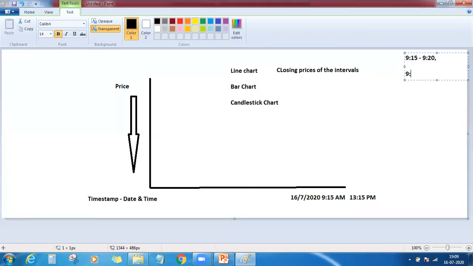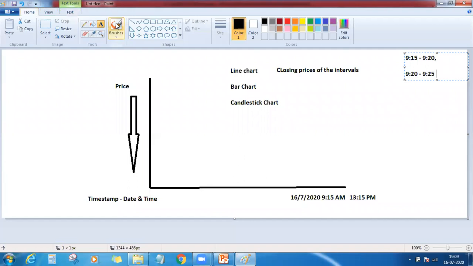Similarly, from 9:20 to 9:25 you will take the closing price at 9:25, and so on until 3:30 p.m. Those closing prices you will match with the time on the x-axis: closing price on the y-axis and time on the x-axis. Wherever a match happens, you will put a dot there.